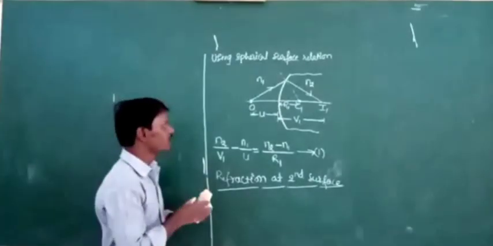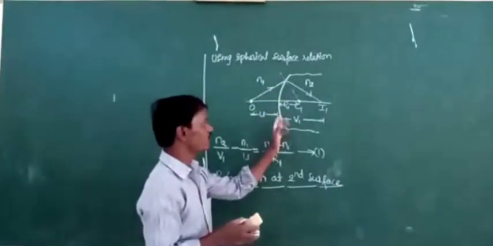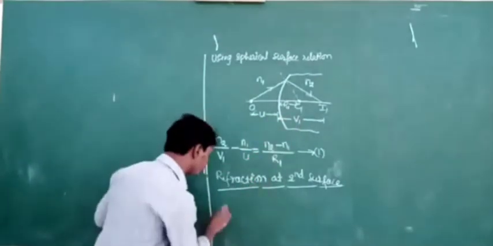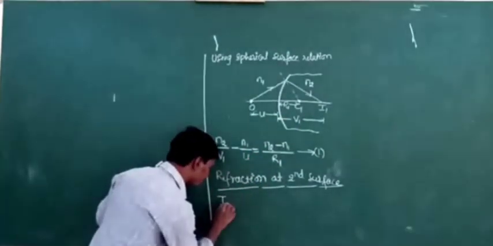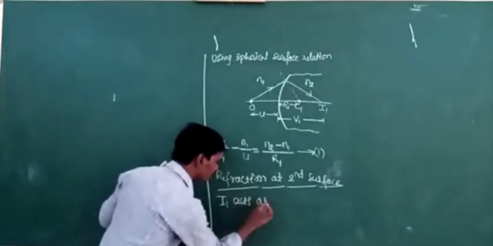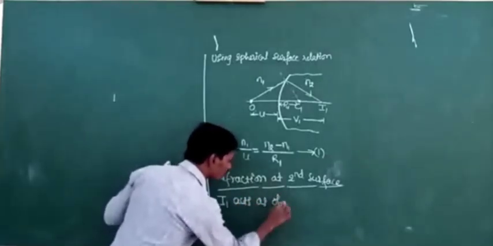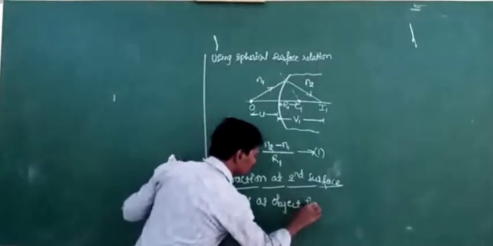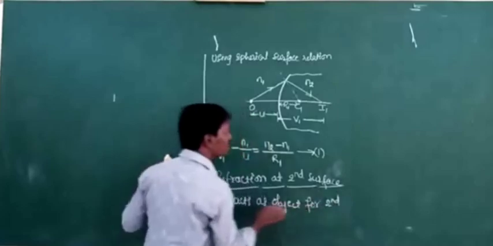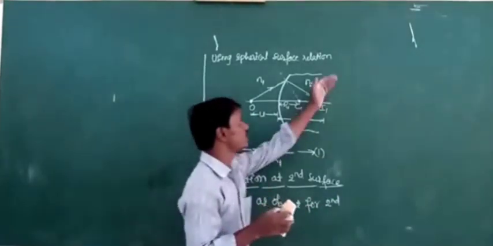Now the image formed by the first surface acts as the object for the second surface, because once again we are going to observe this image for the second surface.